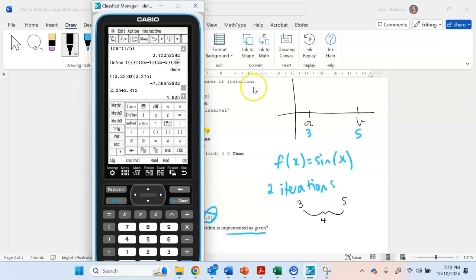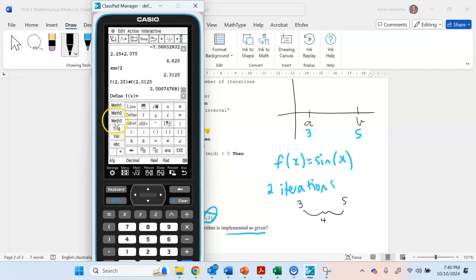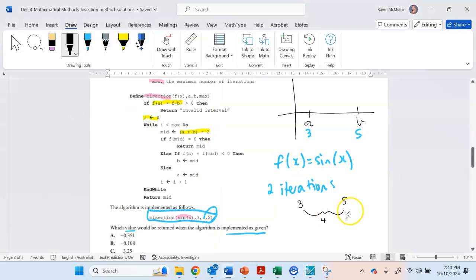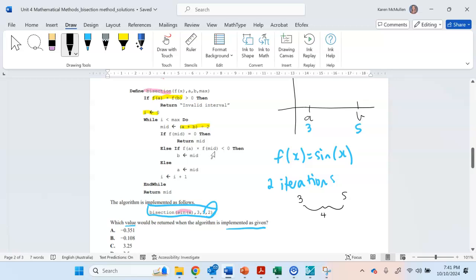I'll define f of x equals sine x. I'm in radians. So we do f of 4. It's not 0, so that's not our midpoint. If it was 0, that would be our x-intercept. So then we keep going.